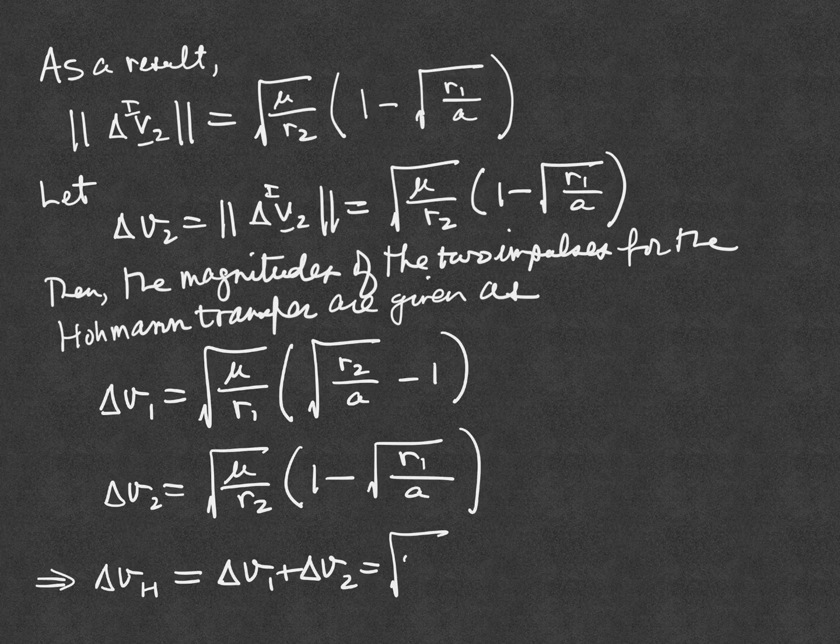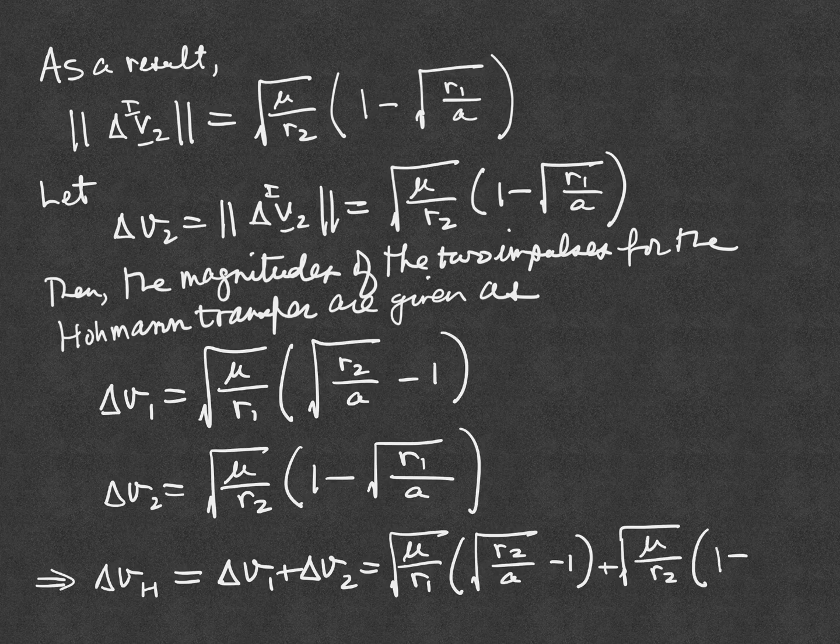So we have the square root of mu over R1 times the square root of R2 over A minus 1, plus the square root of mu over R2 times 1 minus the square root of R1 all divided by A.